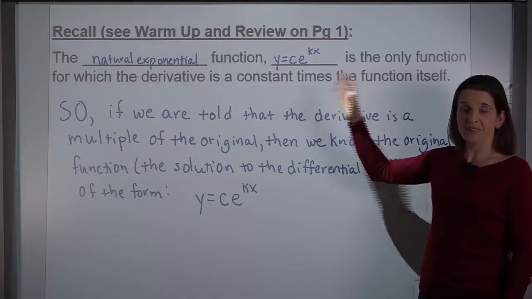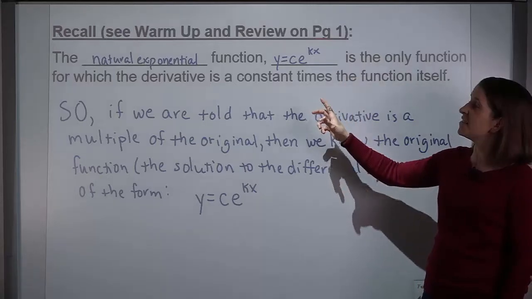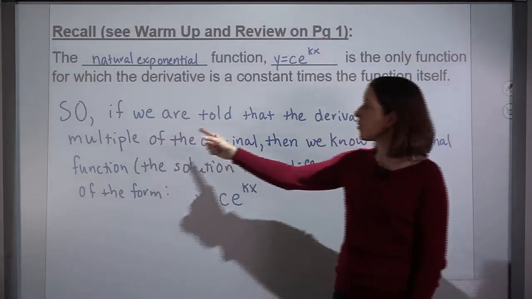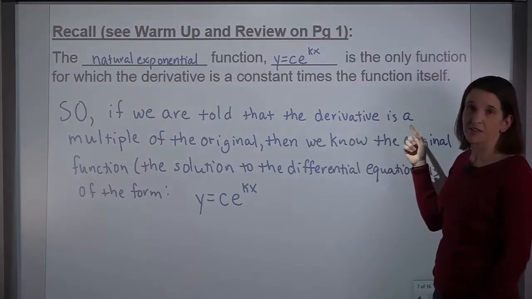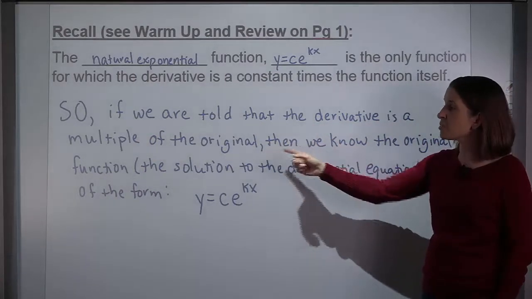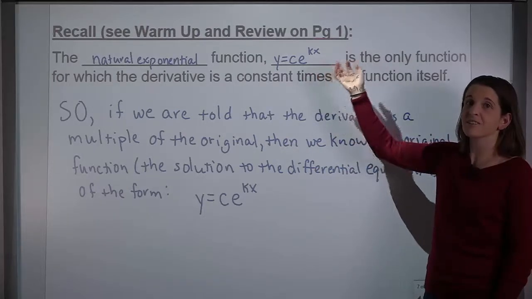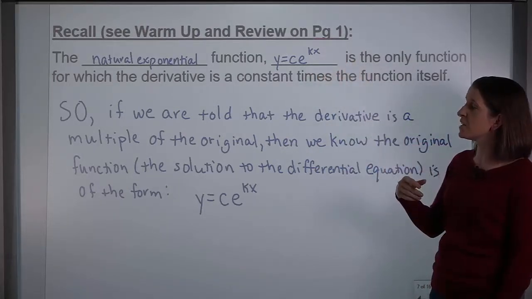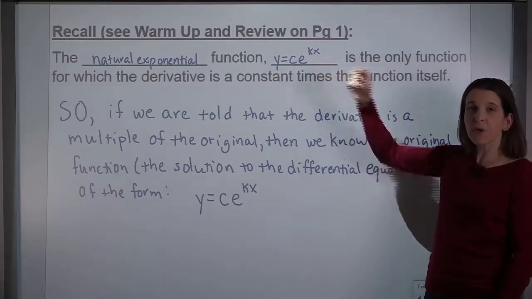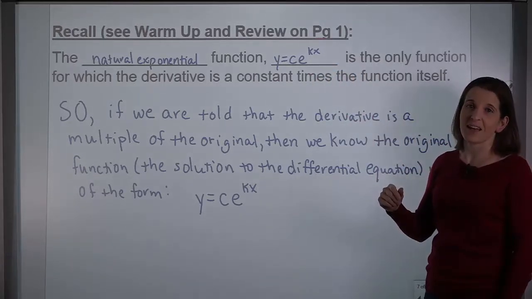So we have learned that in the past. It's the coolest derivative. So now if we are told that the derivative of some function is a multiple of the original, we know that the function that's a solution to that differential equation must have the form y equals c e to the kx.